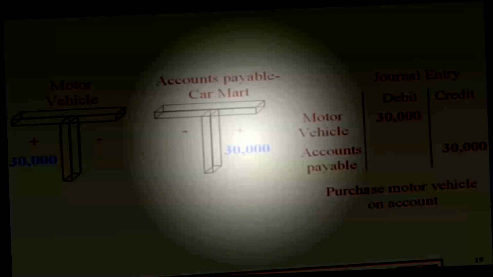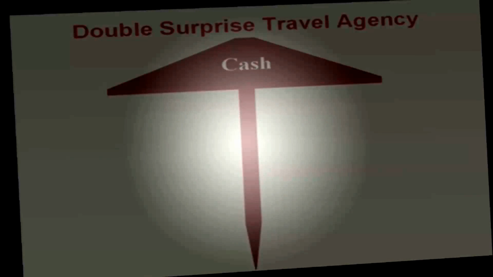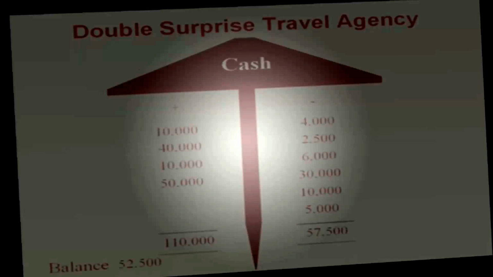Let's do cash. In front of you, you have transactions on the left, plus, and you have transactions on the right, which is minus. So you add up the plus column and you add up the minus column. Should look like this. The plus column comes to 110,000.